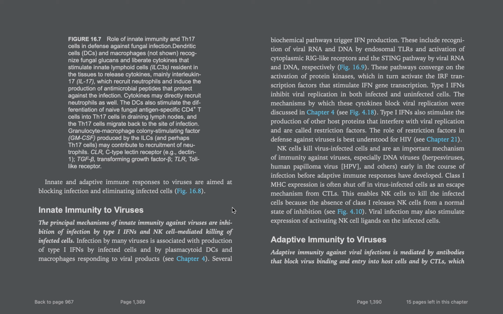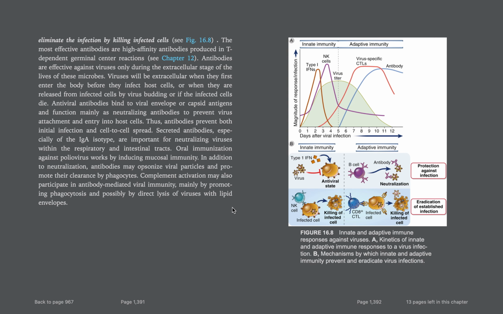Adaptive immunity against viral infection is mediated by antibodies that block virus binding and entry into the host cell, and by cytotoxic T lymphocytes, which eliminate the infection by killing the infected cell. The most effective antibodies are high affinity antibodies produced in the T-dependent germinal center reactions.